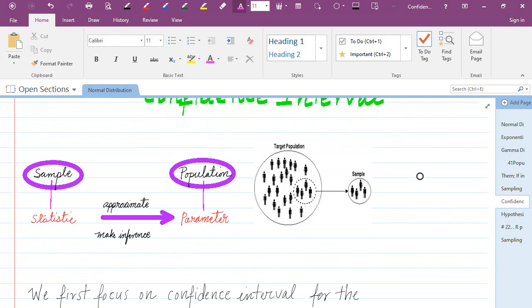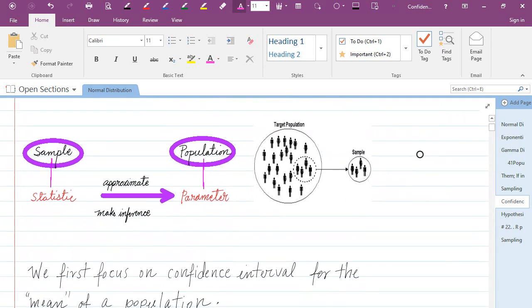So let's say that we have a target population and we want to estimate a certain parameter for that population.